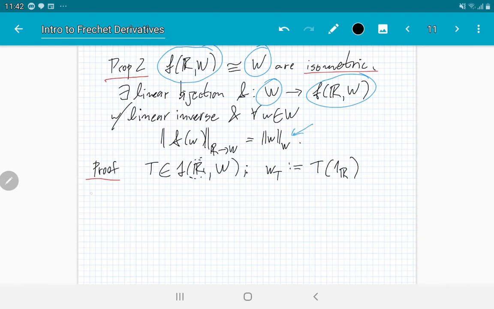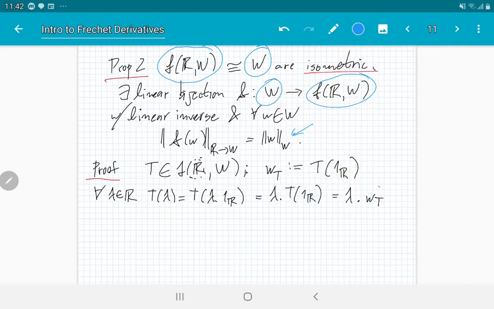And now I notice that for all lambda in R, if I compute T(lambda), that's equal to T of lambda times 1_R. Well, T is linear. Therefore, I have lambda times T(1_R), so lambda times w(T).